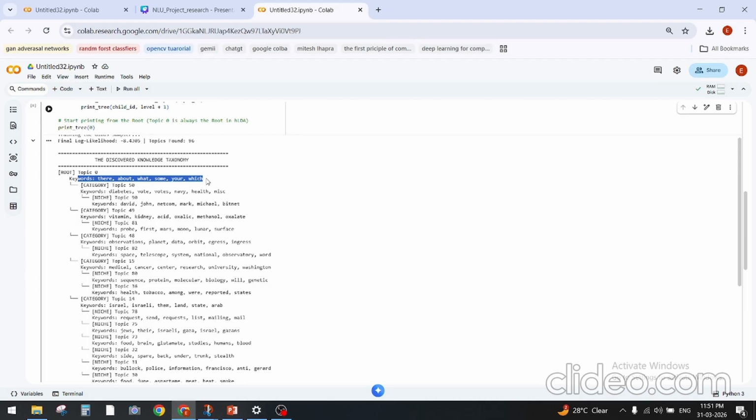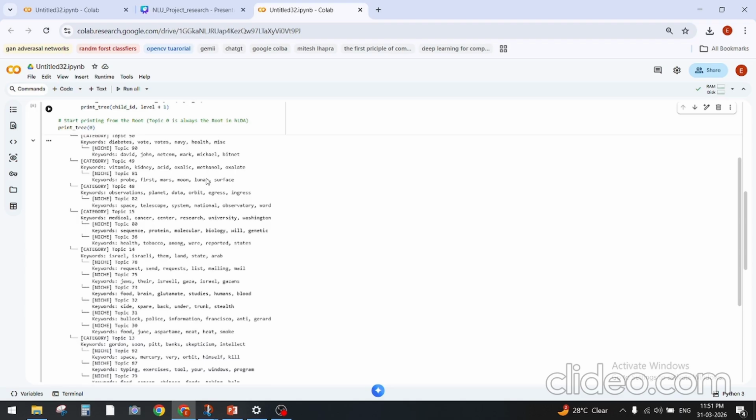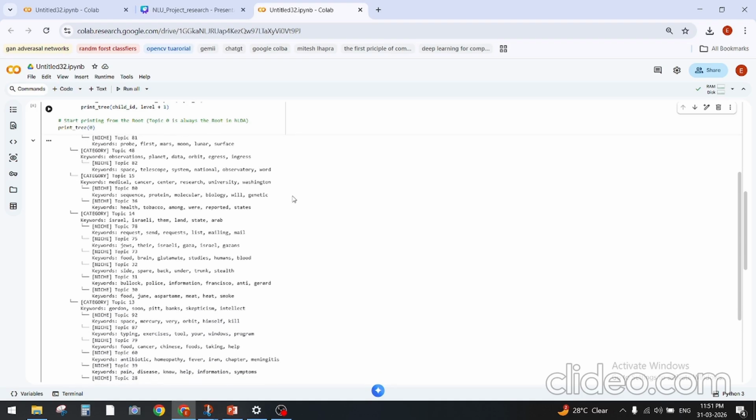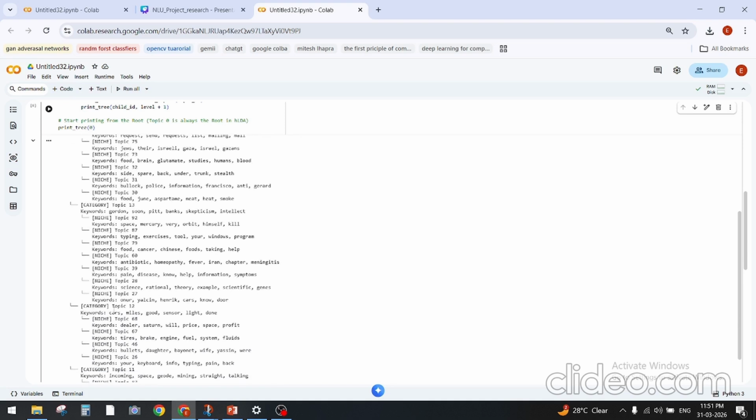Then we have level 1 categories. In level 1 categories, we have topic 12, which is about cars. So topic 12 we can see here has words related to cars like miles, goods, sensor, light.